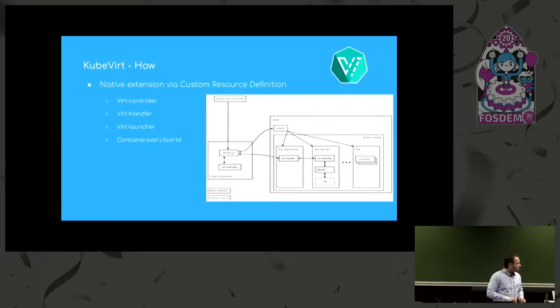And the libvirt process takes care of creating the virtual machine itself, the QEMU process, which has full access to the underlying KVM on the host it is running on. There's a container, virt-launcher, which imperatively manages libvirt: now start the VM, now stop it, and similar stuff.